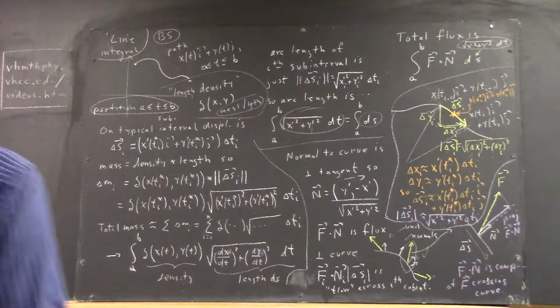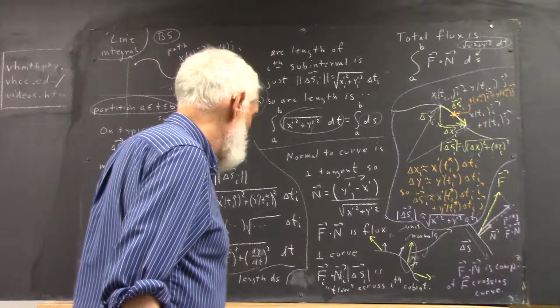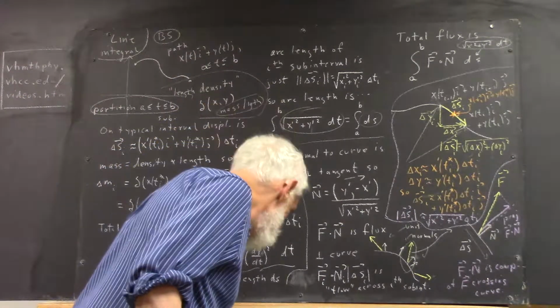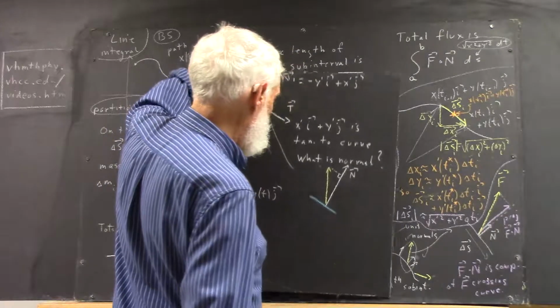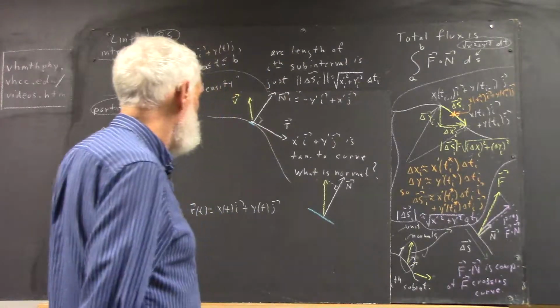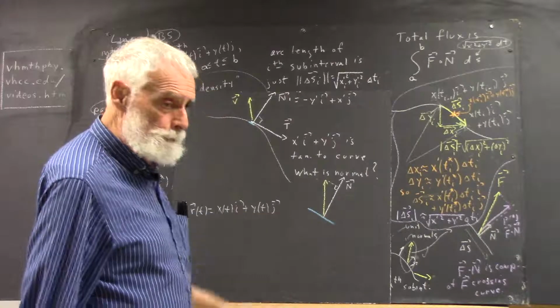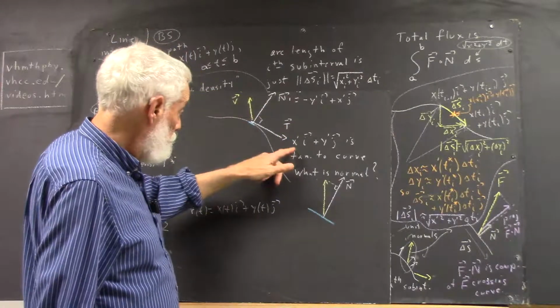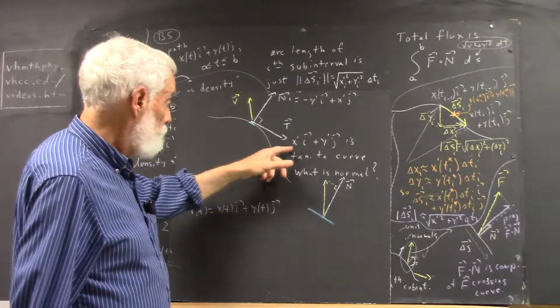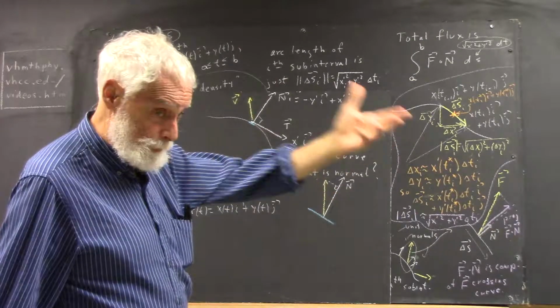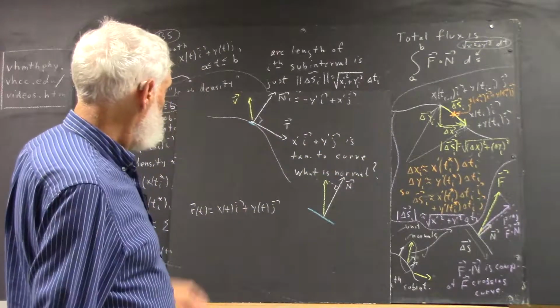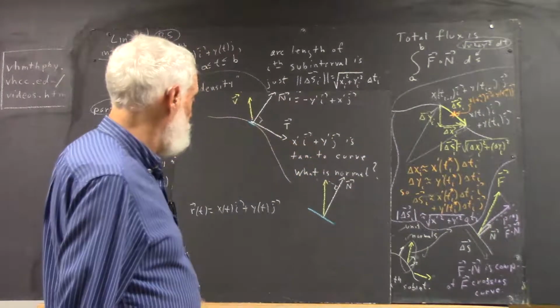Okay, now, I gave this explanation. You've got a curve, you've got a tangent line. The tangent line at a given point is your x prime i plus y prime j, which we understand. Your tangent direction, okay?